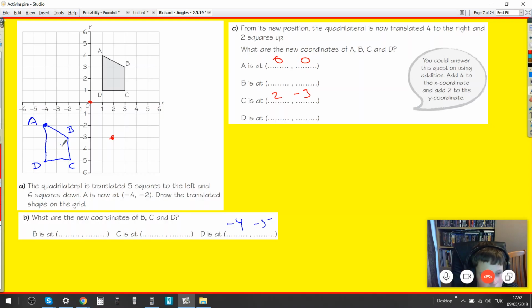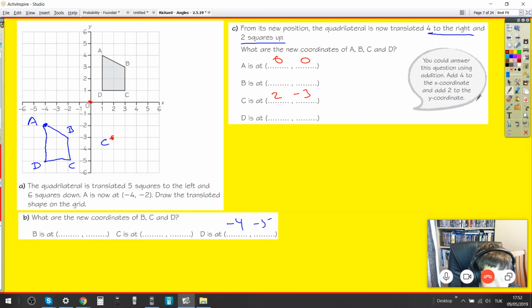And now we had part B, 4 to the right and 2 up. So for B it would be 4 to the right and then 2 up. So 1, 2. I think it would be at 2 minus 1.